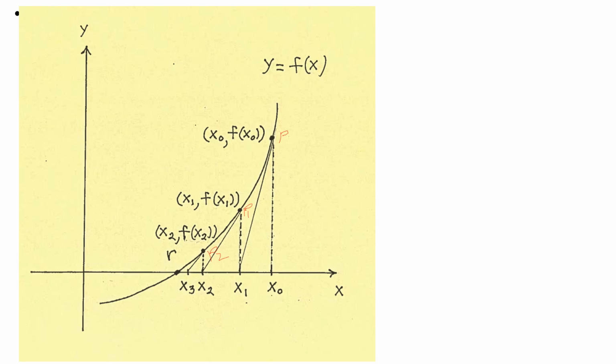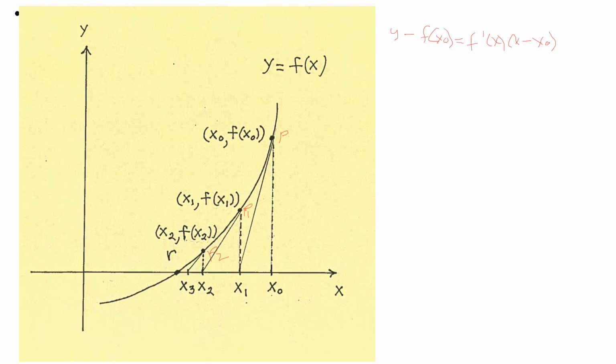This is point P (x sub 0, f of x sub 0), and the equation of the tangent line to the curve is y minus f of x sub 0 equals f prime of x sub 0 times x minus x sub 0. So this is y minus y sub 1 equals slope m times x minus x sub 0, referring to this point and this tangent line.